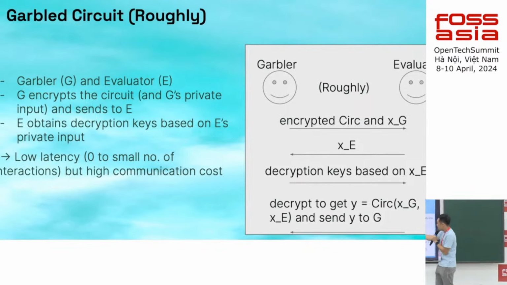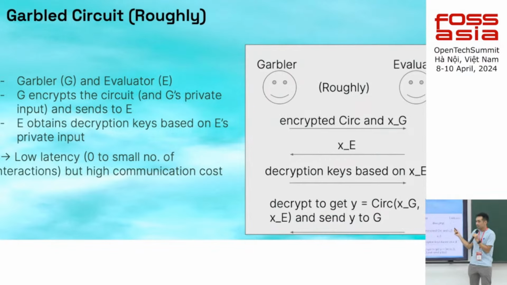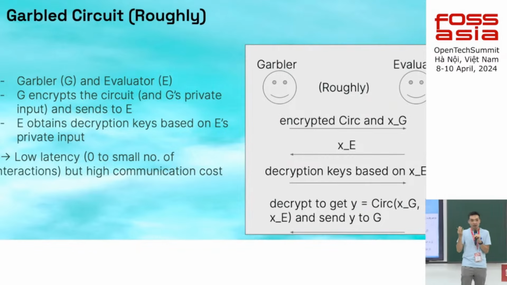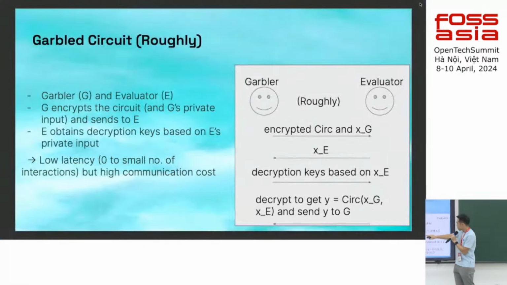Thì garbler là bên sẽ thực hiện việc xáo trộn mạch và gửi mạch này cho bên evaluator. Bởi vì mạch này đã được xáo trộn rồi, bên evaluator sẽ phải cần lấy một số khóa. Những khóa này giúp giải mã sự xáo trộn này, nhưng chỉ cho input của bên evaluator thôi, đúng không?